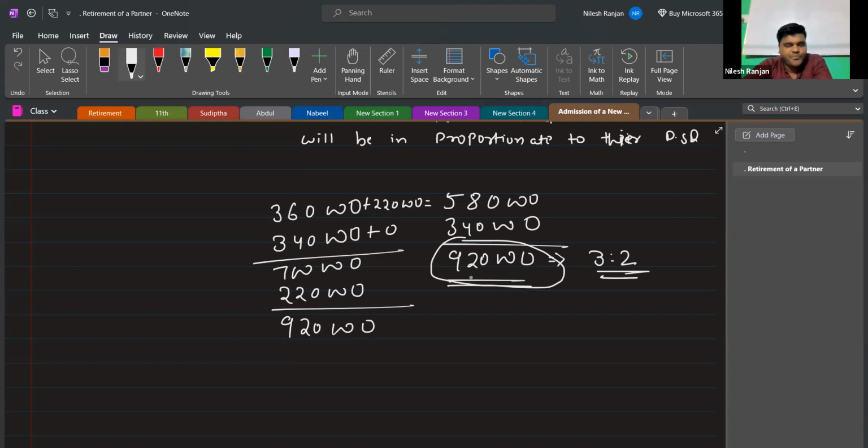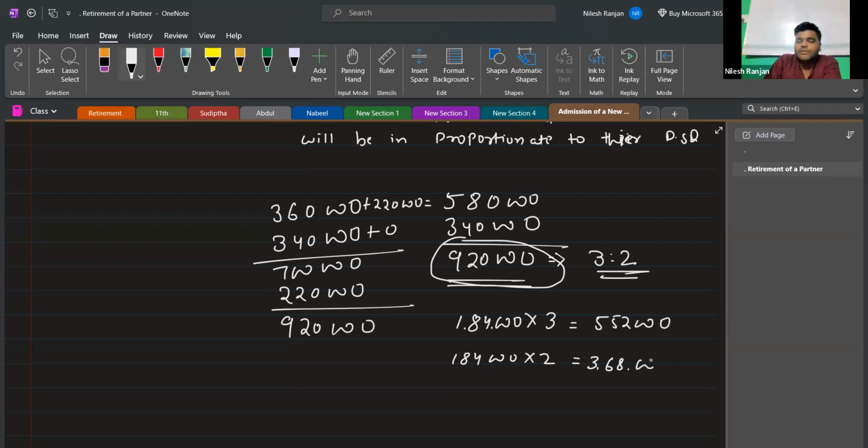No. I did 9 lakh, 9,20,000. And 1,84,000 into 2. So 5,52,000, and it will be 3,68,000. This is in new ratio, 3:2.